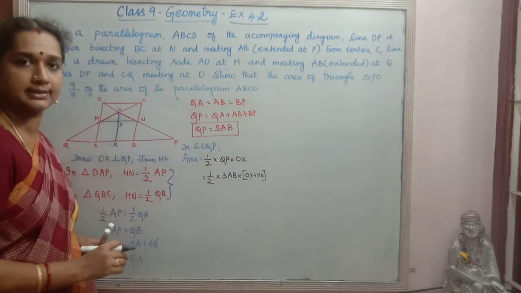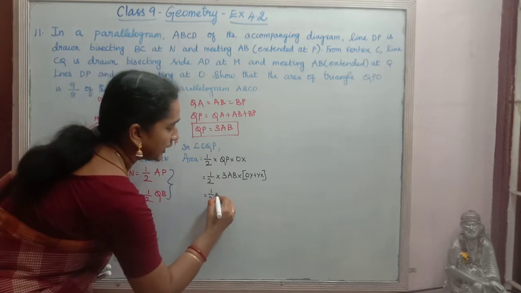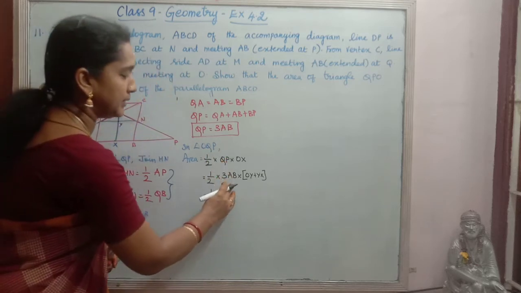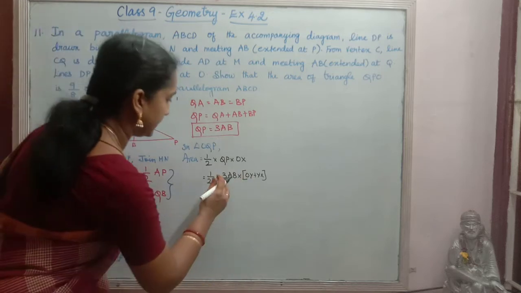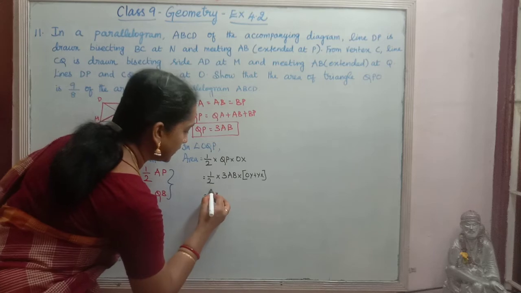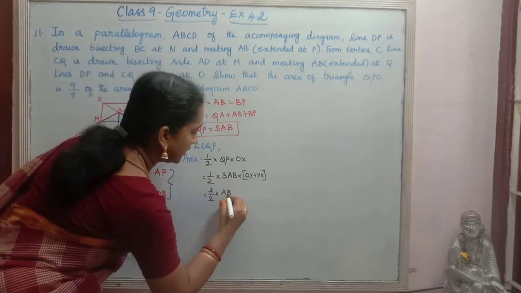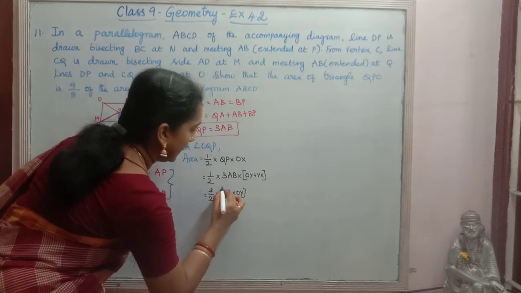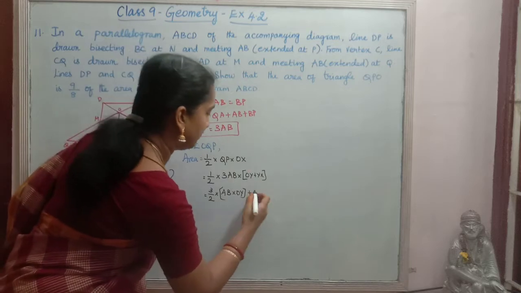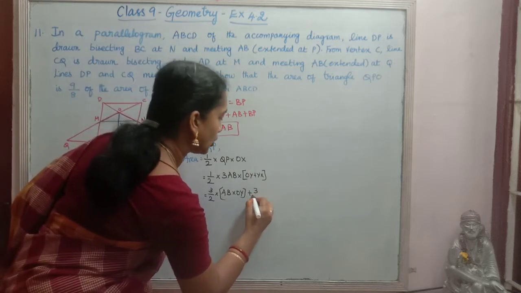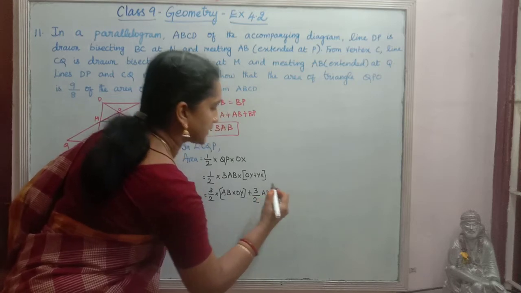So this is equal to 1 by 2 into 3AB, multiplied with OY plus YX. We take the 3 out, so AB into OY, and in between we have plus, 3 by 2 into AB into YX.